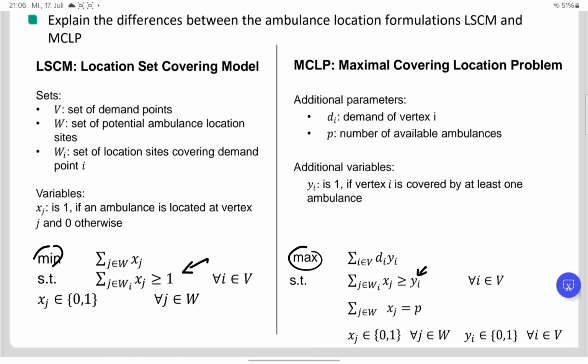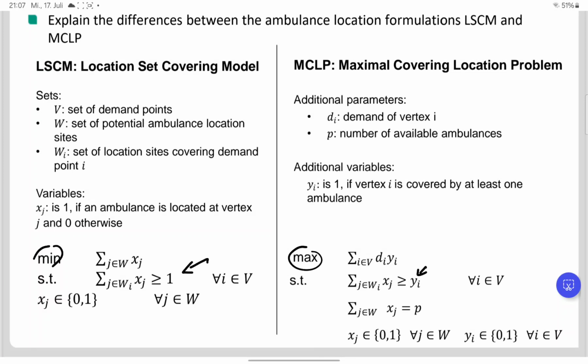The second difference is the number of ambulances. So in the set covering model, this is a decision variable. So we want to try to minimize the number of ambulances, but restricting it so that we have all demand nodes covered.